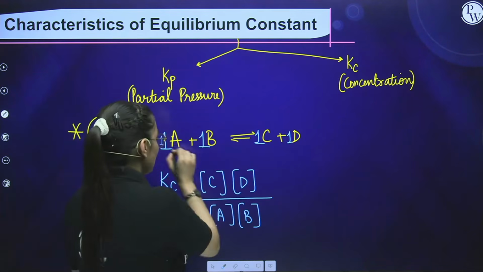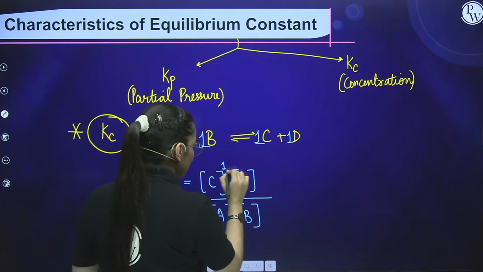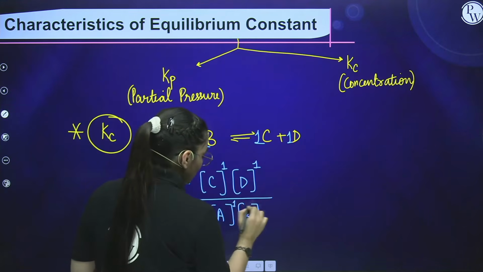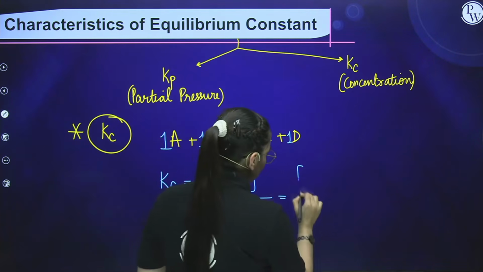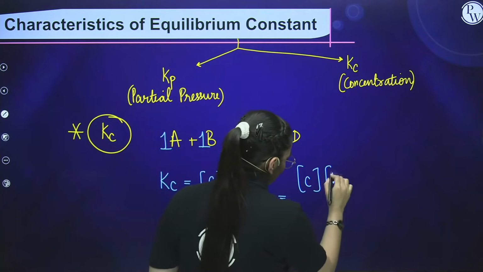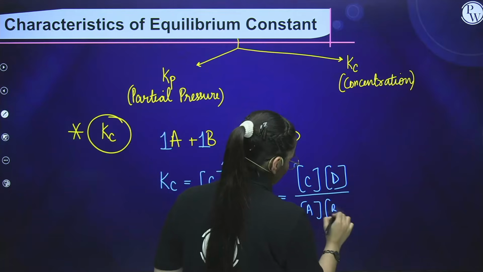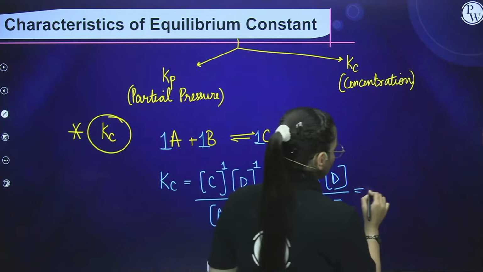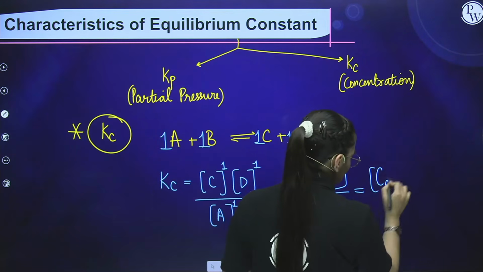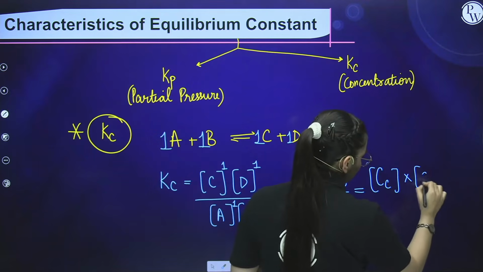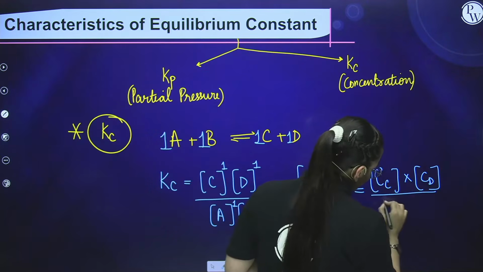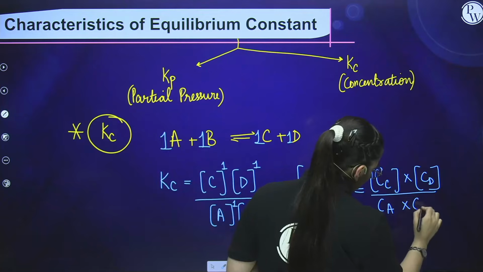Now here, if 1, 1, 1 is present, that means they have a power of 1, 1, 1. That means it will remain as it is. Active mass of C into active mass of D divided by active mass of A into active mass of B. You can also write it like this: Cc into Cd divided by Ca into Cb. What is this?